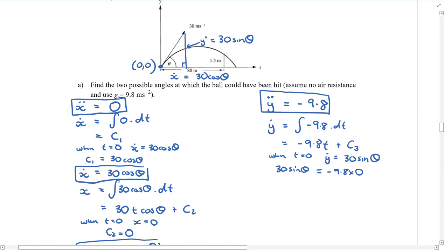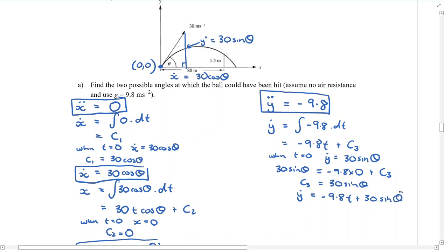That's not going to do anything because time is equal to 0. When time is equal to 0, that means that the third constant is 30 sine theta. My equation for velocity in the y direction is negative 9.8 t plus 30 sine theta.